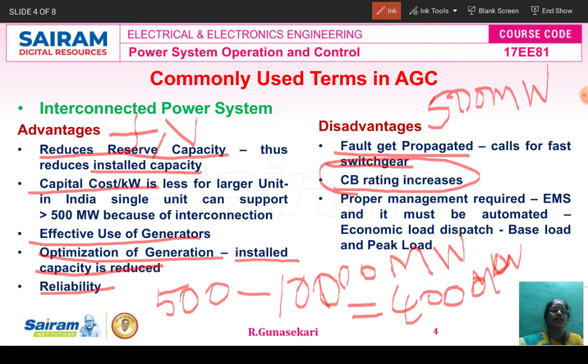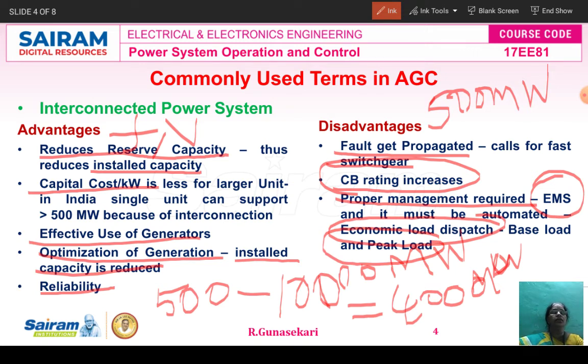So therefore the rating of the circuit breaker increases. This is the disadvantages. Then proper management system is required for interconnected power system, that is energy management system. Then automated economic load dispatch, that is ELD. Then base load and peak load requirements.